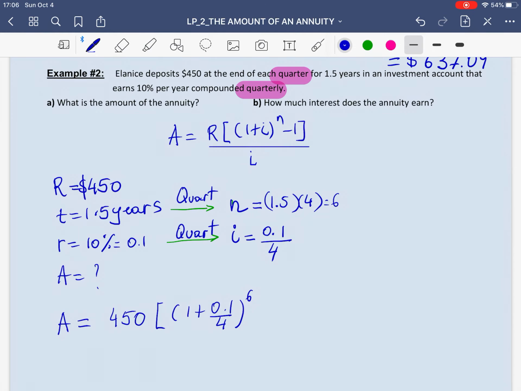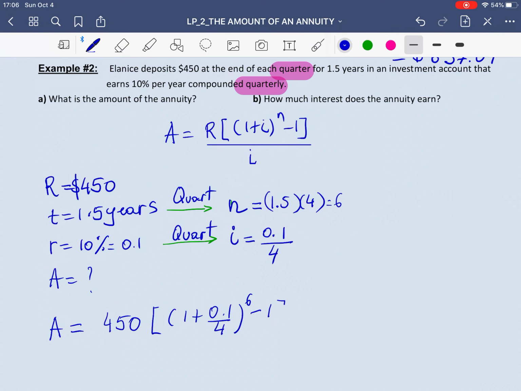So there will be 6 compounding periods in a year and a half, because 4 quarters in 1 year, 2.5, right? And then minus 1, and that will be divided by 0.1 divided by 4.